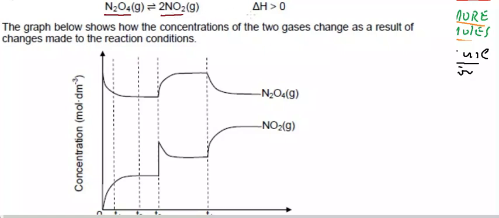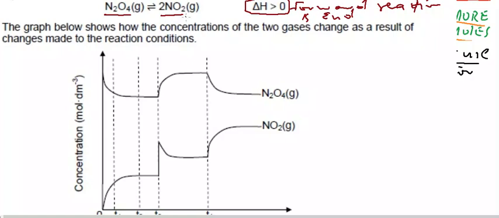The reaction is said to be endothermic. So because of that, the forward reaction is endothermic because delta H is greater than 0.